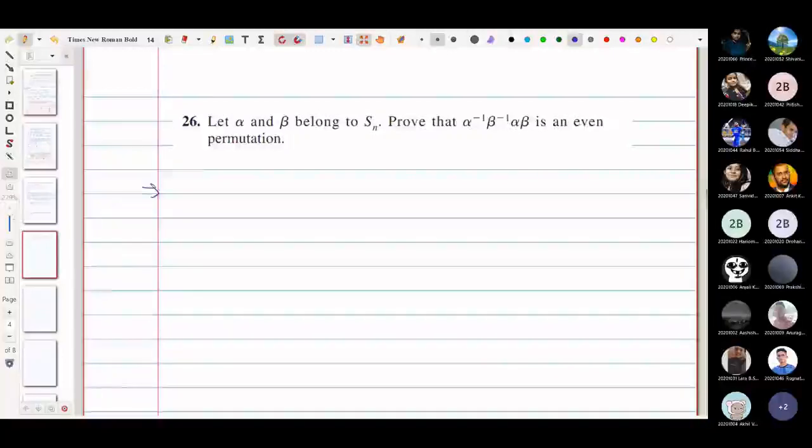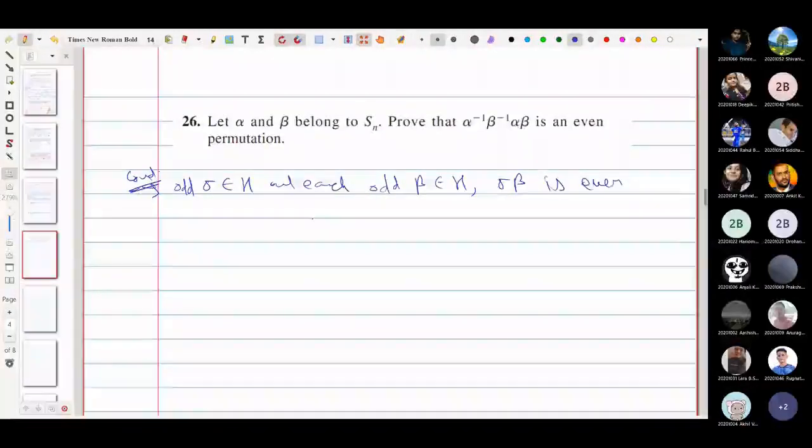So here I'll continue the proof. For each odd permutation sigma belonging to H, and each odd permutation beta belonging to H, sigma beta is an even permutation.